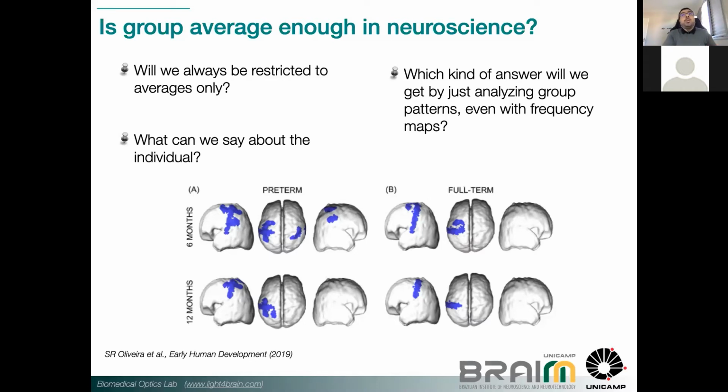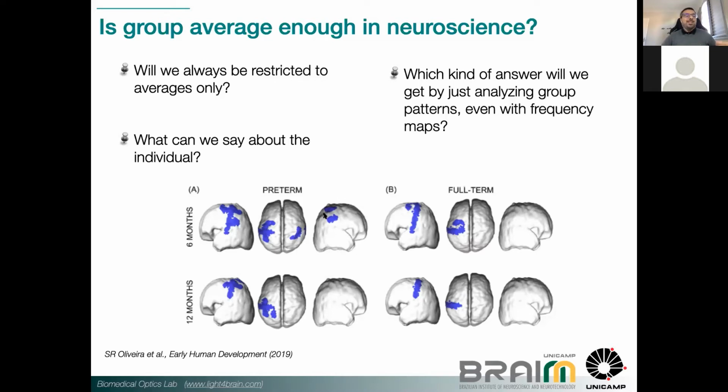Will we always be restricted to reporting averages? I know that averages have their place, and I do believe that they have their place in science, right? And the example that I'm giving you is one example of that. In this study specifically, we were trying to compare preterms and full terms, right?